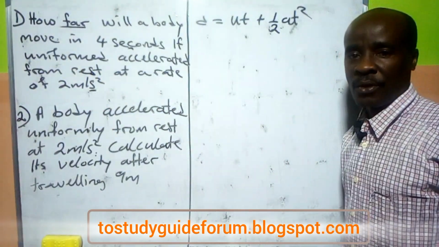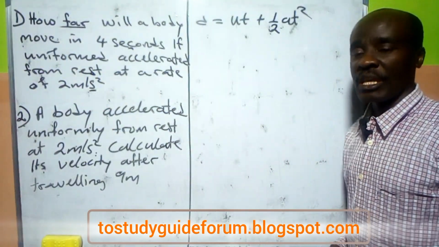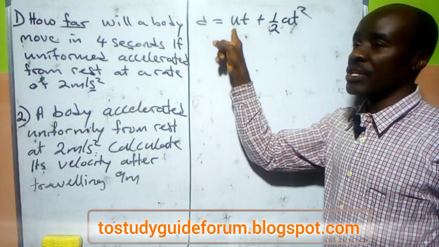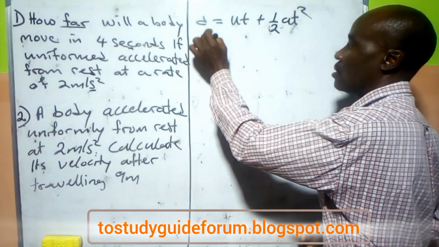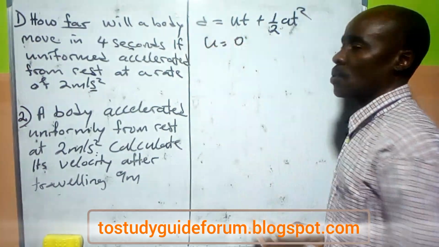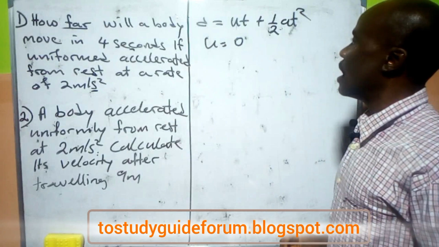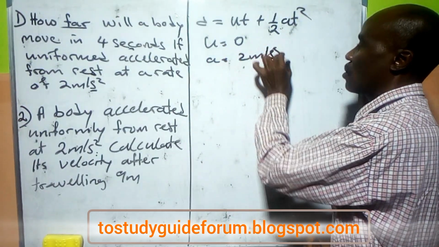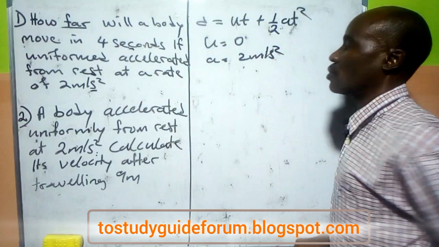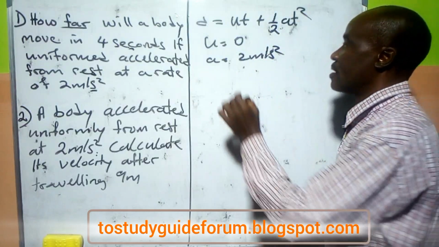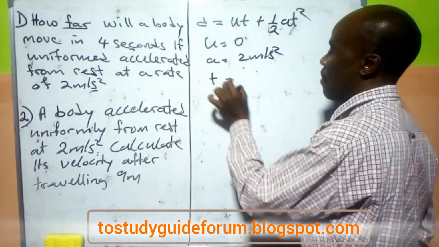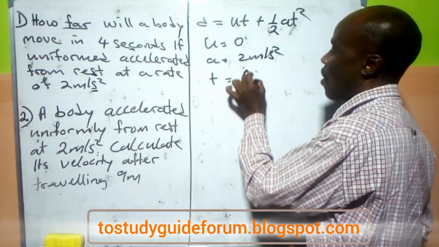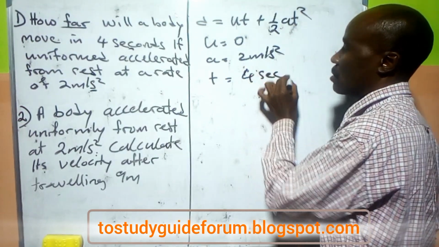Since it started from rest, it simply means that the initial velocity is what? The initial velocity is 0, and the acceleration is 2 meters per second squared, and we also have the time, which is 4 seconds.